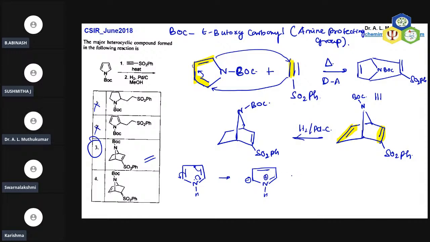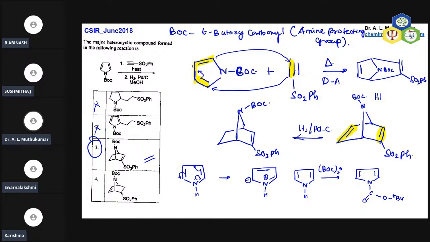Suppose I convert the NH into Boc protection, that is, you treat it with Boc anhydride. Then it will be protected. This is the structure of the tert-butoxycarbonyl group.